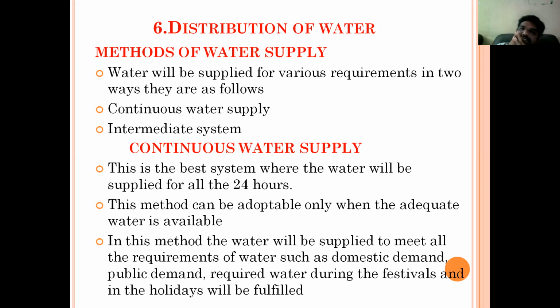In the continuous system, when can we adopt it? When the water is available in required quantities, we can go for the continuous water supply system.